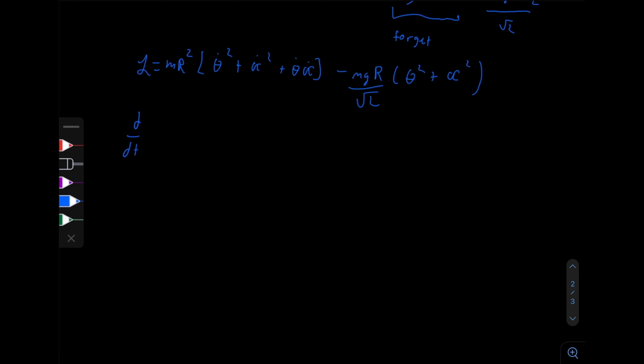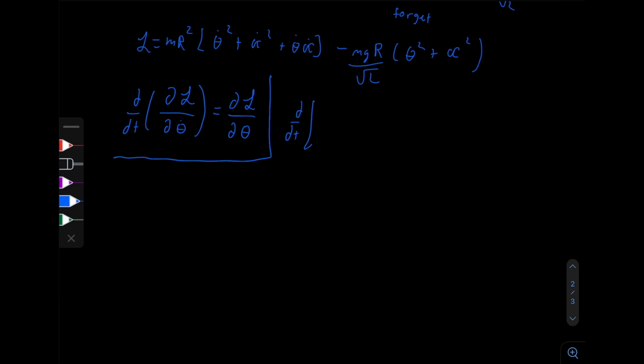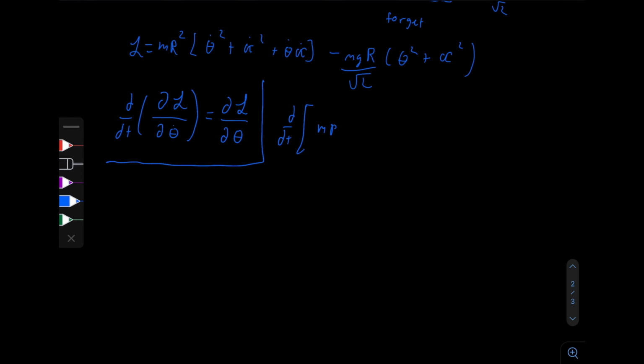We have d by dt of the partial of the Lagrangian with respect to, let's start with theta dot, our generalized momentum, and that's going to be equal to the partial of the Lagrangian with respect to theta. d by dt of mr squared times 2 theta dot plus alpha dot.